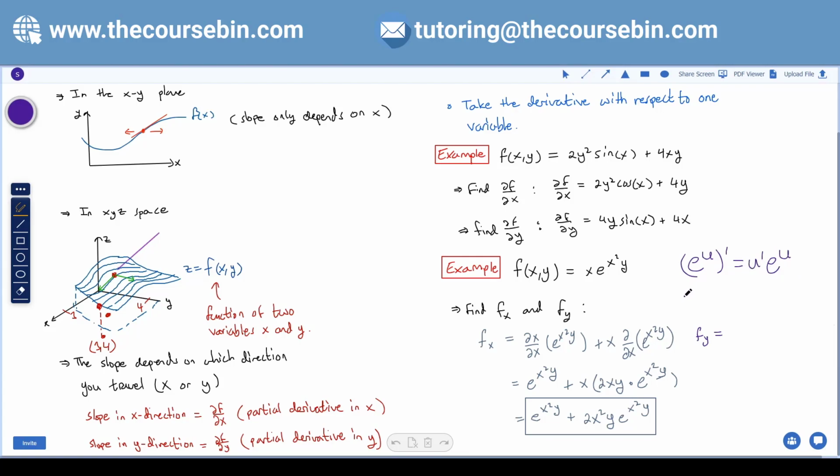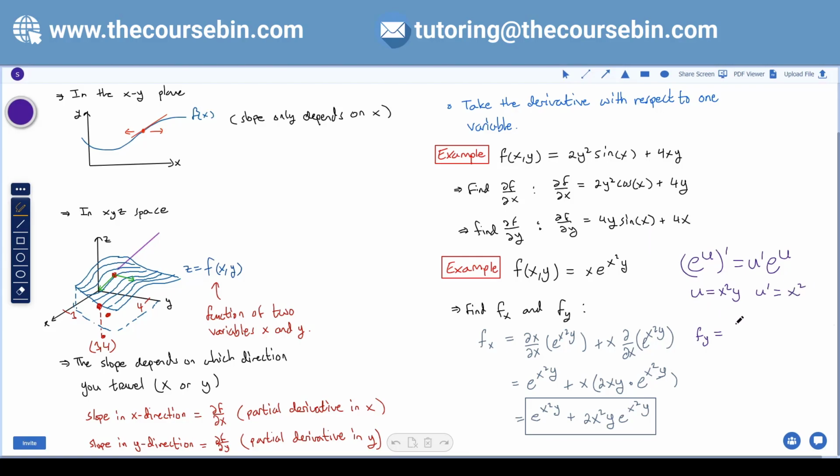Oh, wait. So that means the derivative of the top with respect to y would be x squared, and it's then just x squared times e to the x squared y. Right. So your u happens to be x squared y. U prime is equal to just x squared.